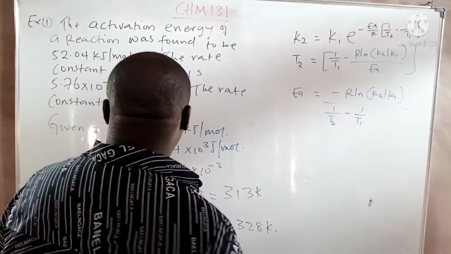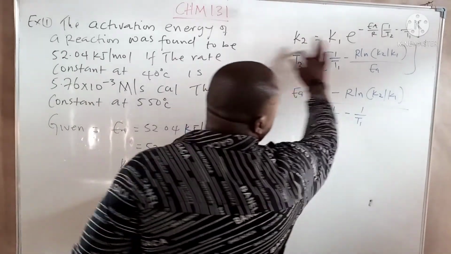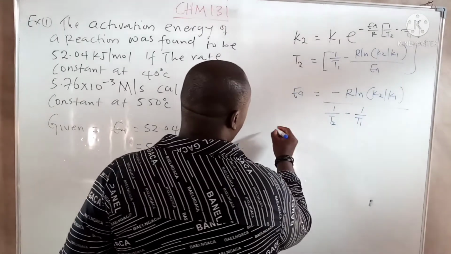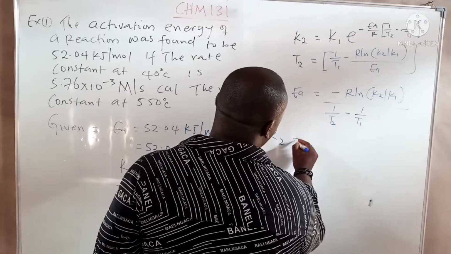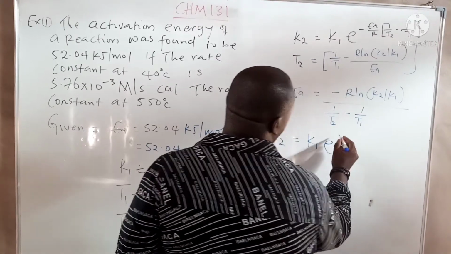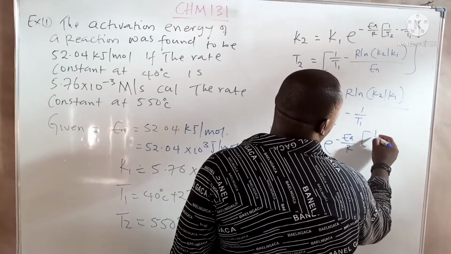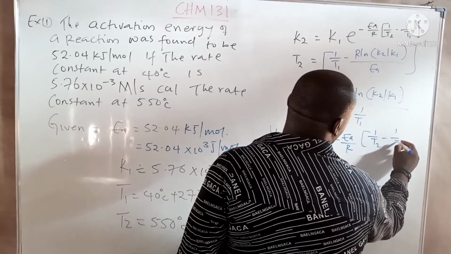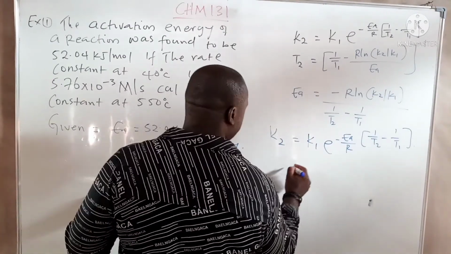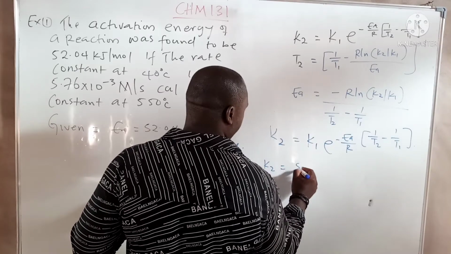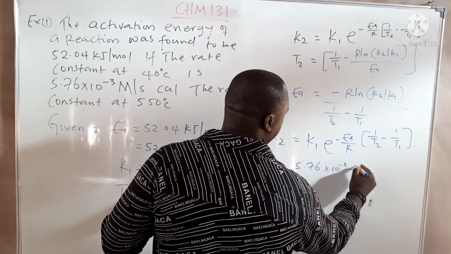Look at what I'm saying. Now they want you to calculate K2. So this is the formula for K2. K2 is equal to K1 times e to the power of the activation energy E all over R, into 1 all over T2 minus 1 all over T1. Now insert it. Our K1 here is 5.76 times 10 raised to the power of minus 3.